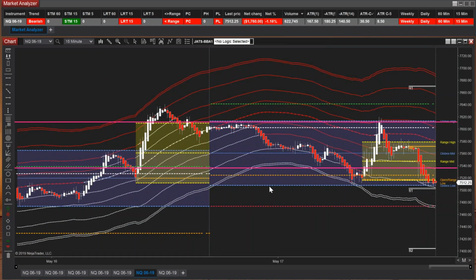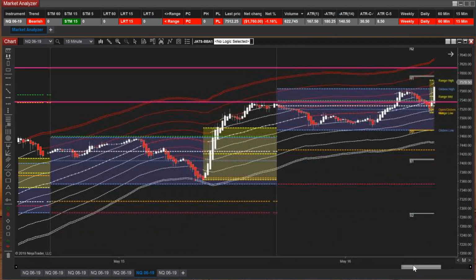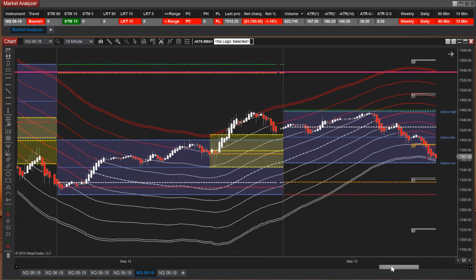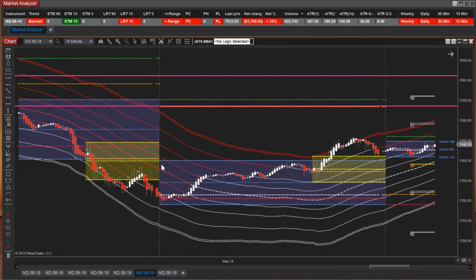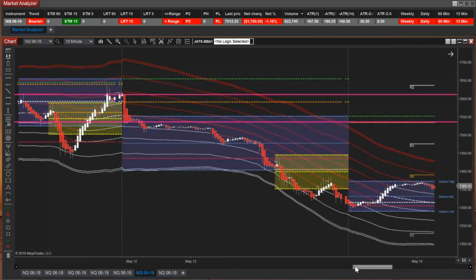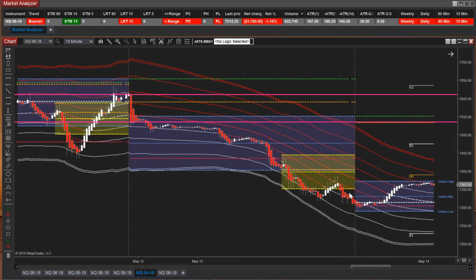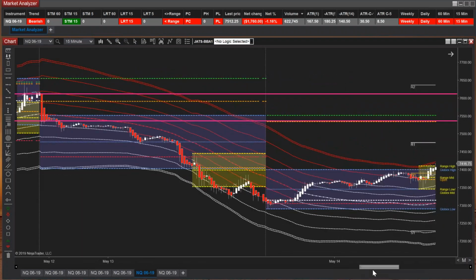They make great support resistance areas, and recognizing the JATS LRT lines indicator shows you also usually the boundary of that main trend line, the LR1, that balances the trend on your chart. So if you're trading below that trend line, you might want to be looking for shorts.